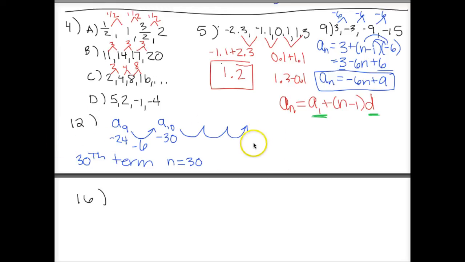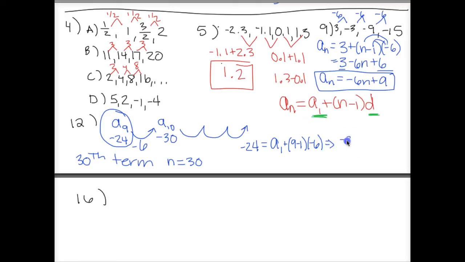You can do that. But what I'm going to do is say, okay, I know when n is 9 that an is negative 24. So I put negative 24 in for an. I don't know a1. I know that n is 9 when an is this. So 9 minus 1 times d, which we already said was negative 6.